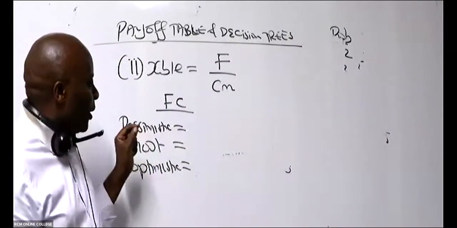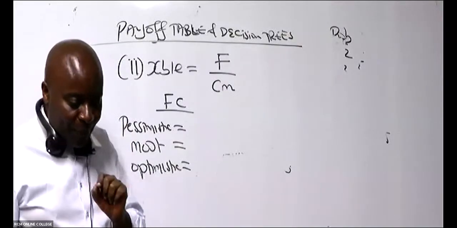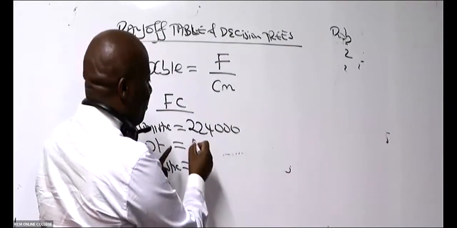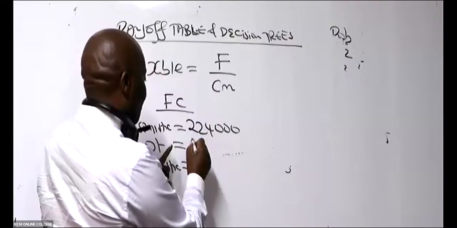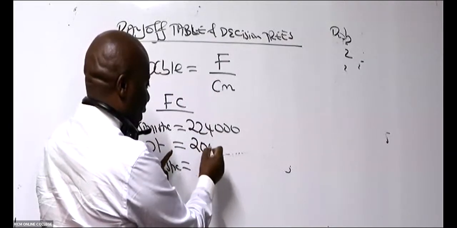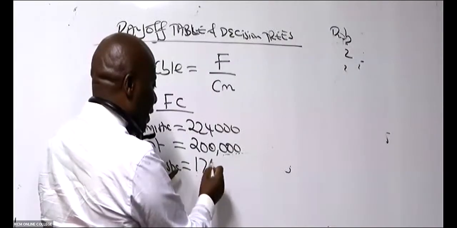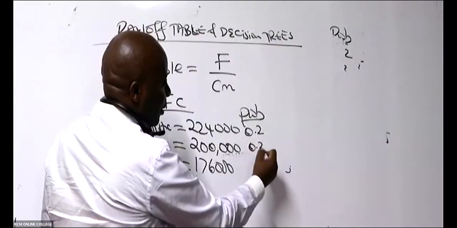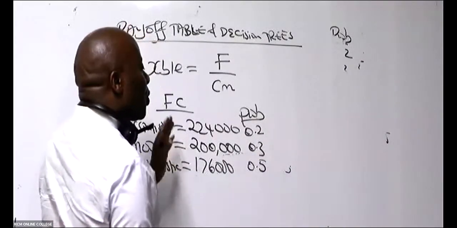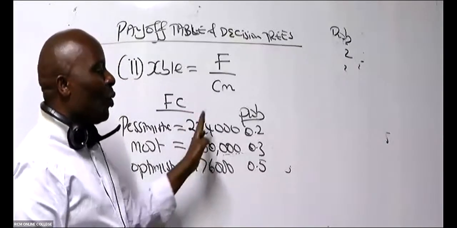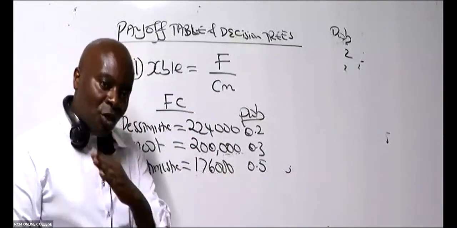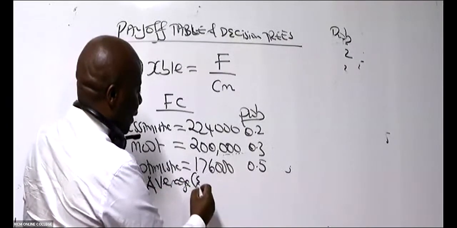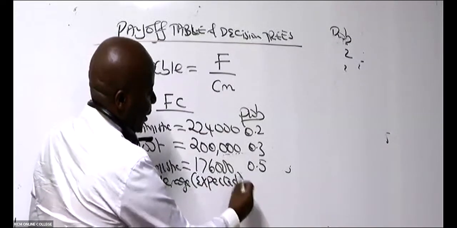The fixed cost for pessimistic, how much do we have there? 224,000. I hope you are able to remember how we got this. And then most likely, 200,000. This 176,000. And then we have probabilities, 0.2, 0.3, 0.5. And because we don't know which one will prevail, we work with what we call an average fixed cost, or in this case, expected fixed cost.